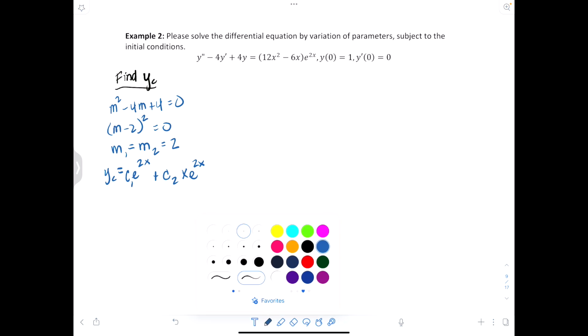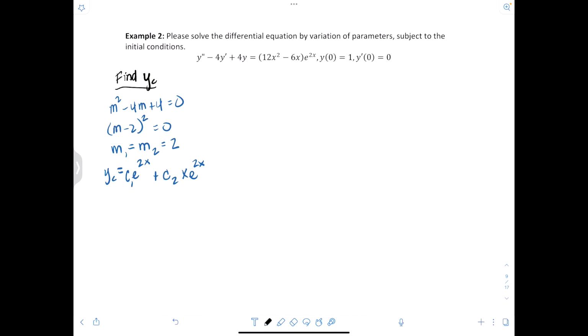All right. Now, it's already in the standard form. So this is our f of x, so we found that. And then we got to deal with our Wronskians. So, working with y1 is just, we'll do e to the 2x. y1 prime is 2e to the 2x. y2 is xe to the 2x.